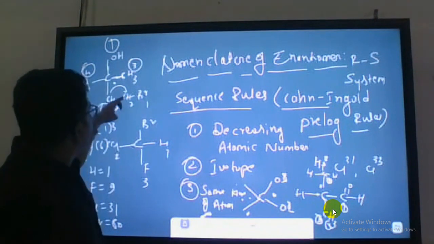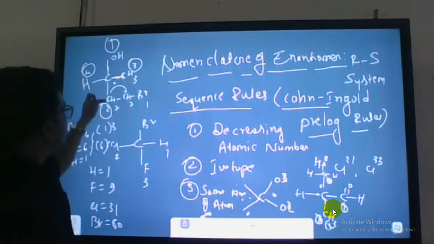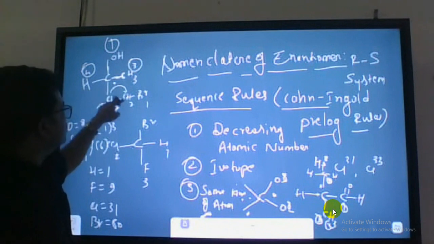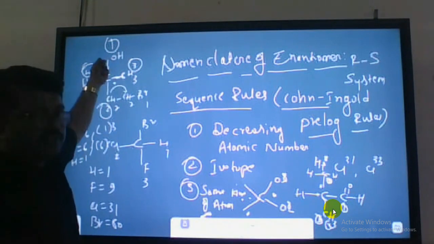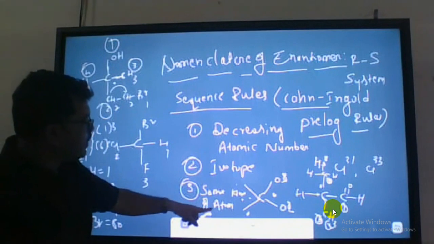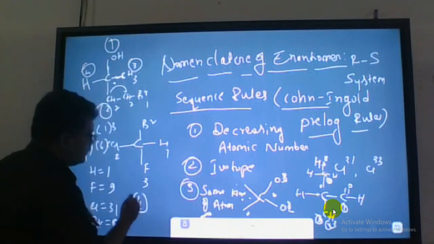So consider the next atom. Here the next atom is H, here the next atom is carbon. So this gives number 1. Number 2. This 3. This is the highest, first one. This is same kind of atom. So next, the fourth condition.